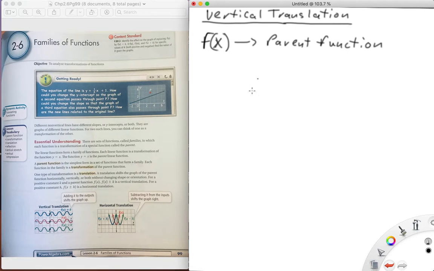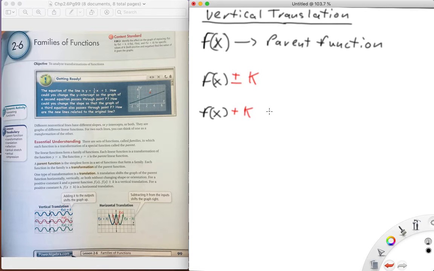When we talk about a vertical translation, it can be twofold. It could be f of x plus or minus k. When it's f of x plus k, it moves the function up.